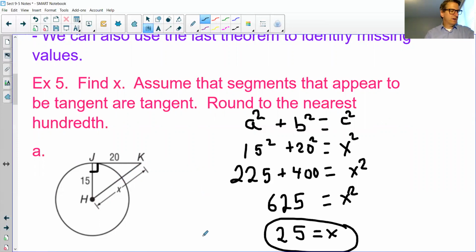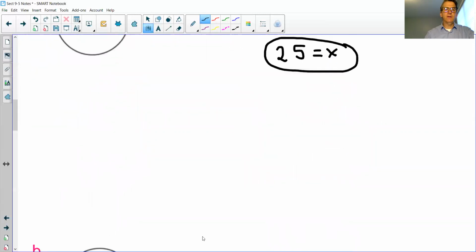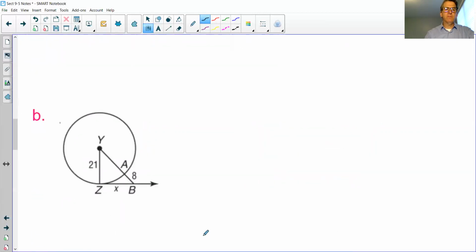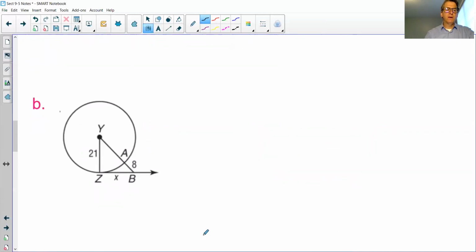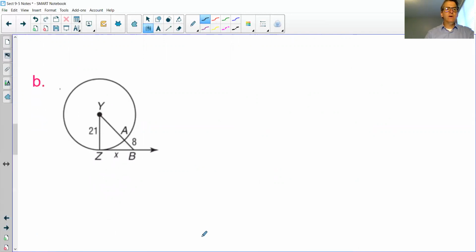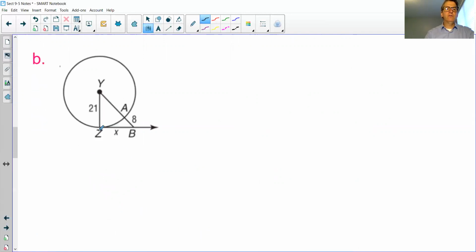All right, let's go on to letter B. Take a good solid look at this one before we get started. We've got a circle here. We're assuming this ZB here is tangent, so we're going to put a little right angle there. So we're going to check to see if 21 squared plus x squared is 29 squared.